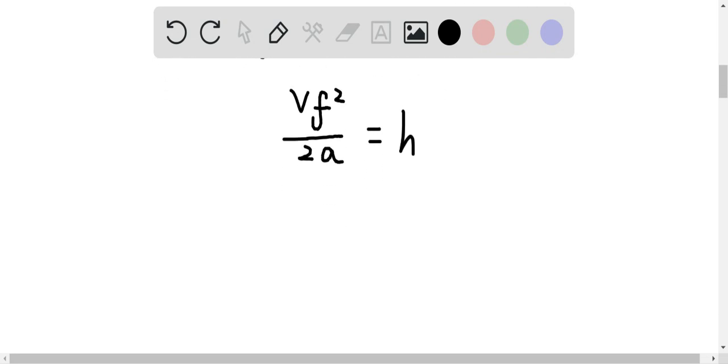There's no vi here because initially there's no speed, so the initial speed is 0, so just v final squared here. And then we'll have a is v final squared over 2h.